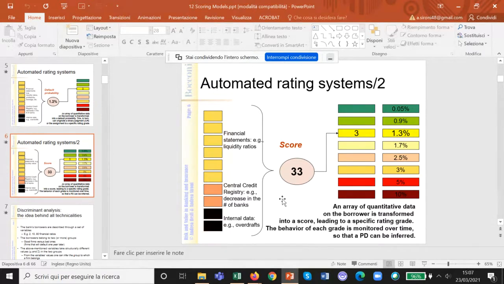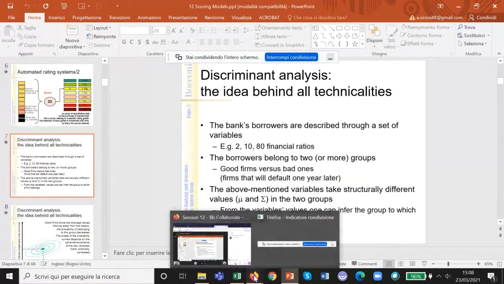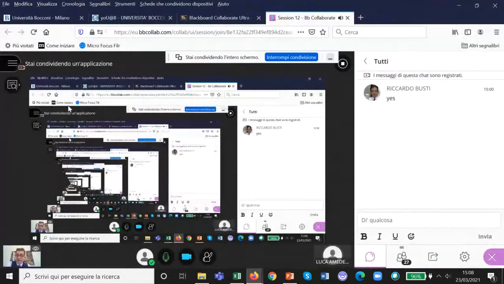This is more commonly what is generally done by banks. So what they do is they use a scoring model based on the inputs that I mentioned. They estimate, based on the scoring model, a score. This score is then translated into a rating grade. And then from the rating grade, a PD is estimated. And the PD in this case is more simply the historical default rate for that rating grade, okay? So that's how most scoring models actually work, okay?